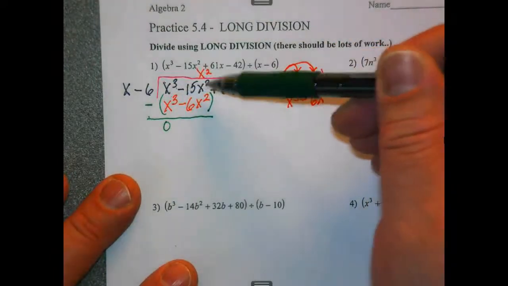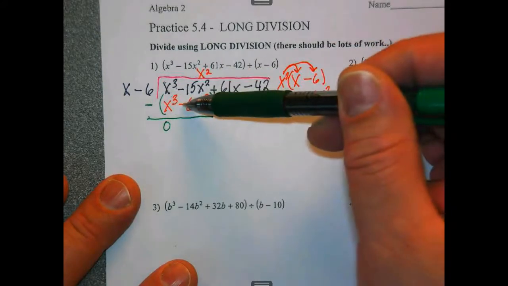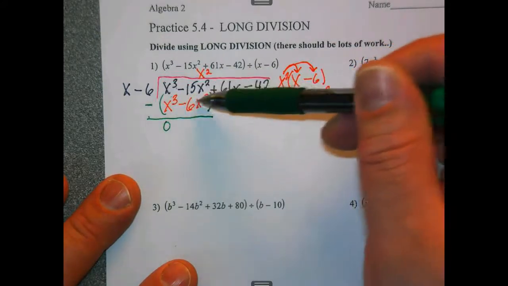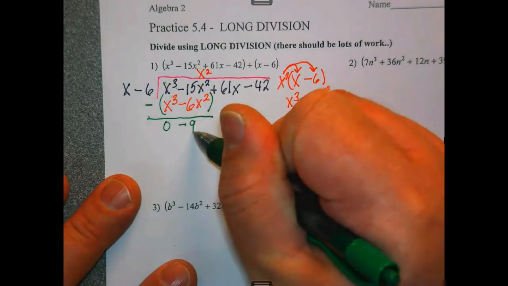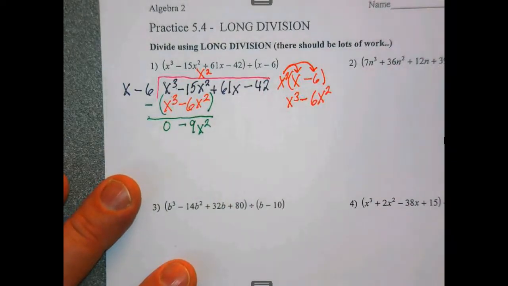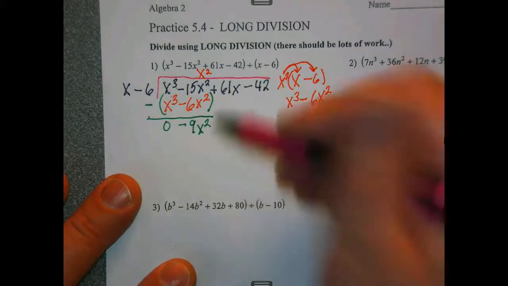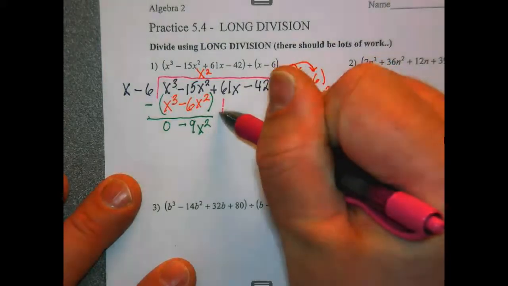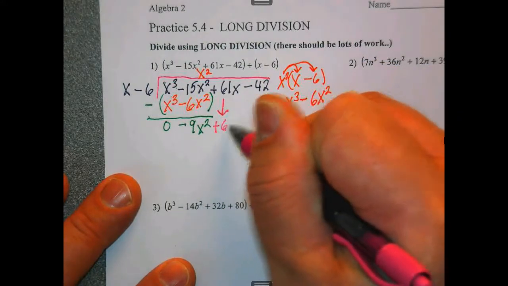Negative 15x squared minus a minus makes it a positive 6x squared, which is a minus 9x squared. Okay, bring down my next term, number, digit, whatever you want to call it, plus 61x.